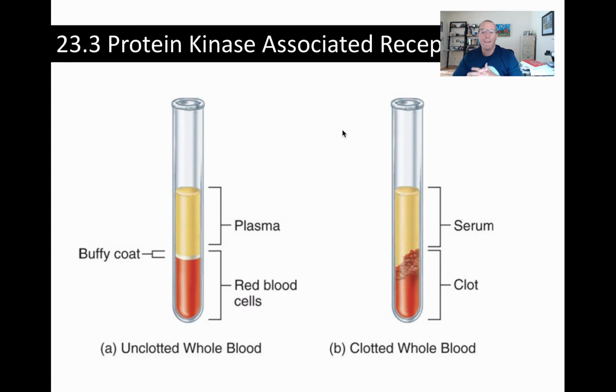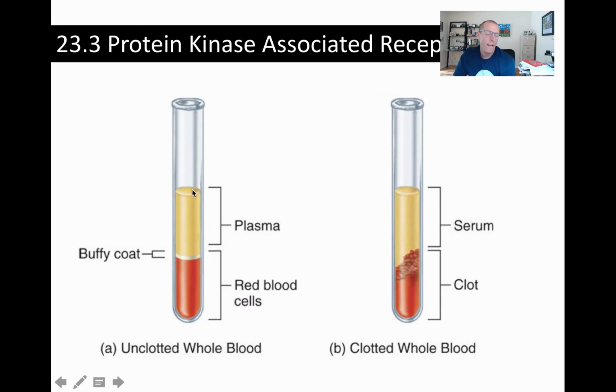So what exactly is serum? So let's kind of start off with plasma to start with. So if you take whole blood, looking over on the left, if you take whole blood and you centrifuge it and you pellet down the erythrocytes, and then you end up with a thin layer of platelets and other kind of white blood cells, then the straw-colored fluid that's left is the blood plasma.